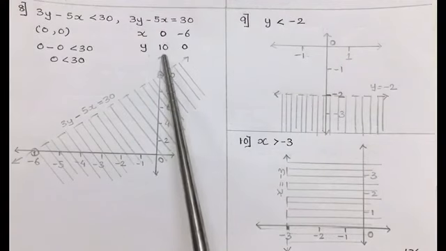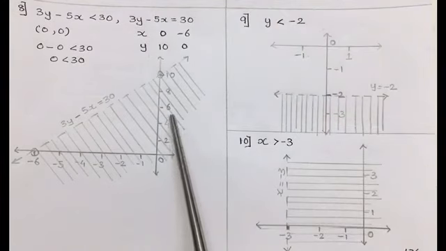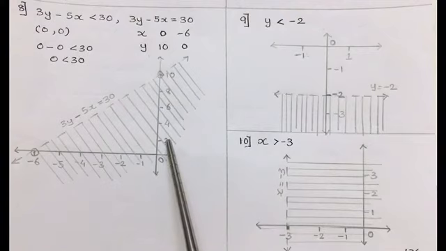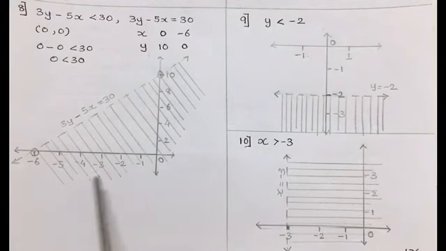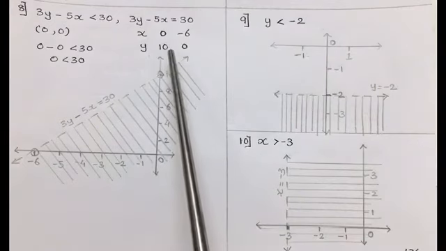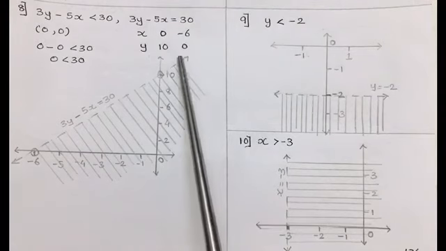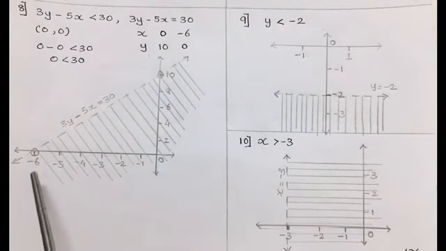Now as till 10 is needed in y, you can plot the points by taking a difference of 2 on y-axis. So here it is taken 2, 4, 6, 8 and 10. And on the x-axis till minus 6. Plotting the first point as 0, 10 on y-axis, minus 6, 0 on x-axis.